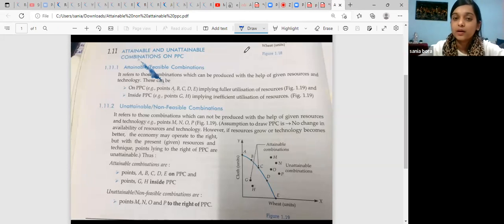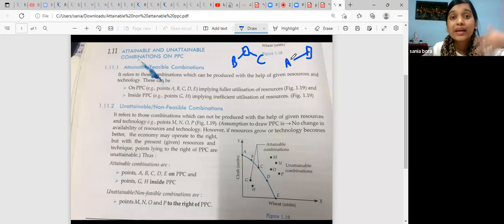For example, this is a piece of wood. From this piece of wood, you can produce a bed and chair. So these are attainable because you can produce this. But from this piece of wood, you cannot produce an aeroplane. That is going to be unattainable. With this resource and this technology, you are not going to produce an aeroplane because that needs metal, iron, and all that.